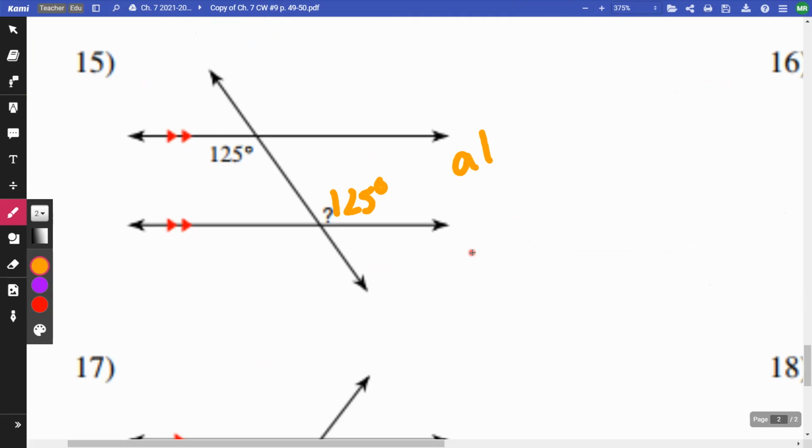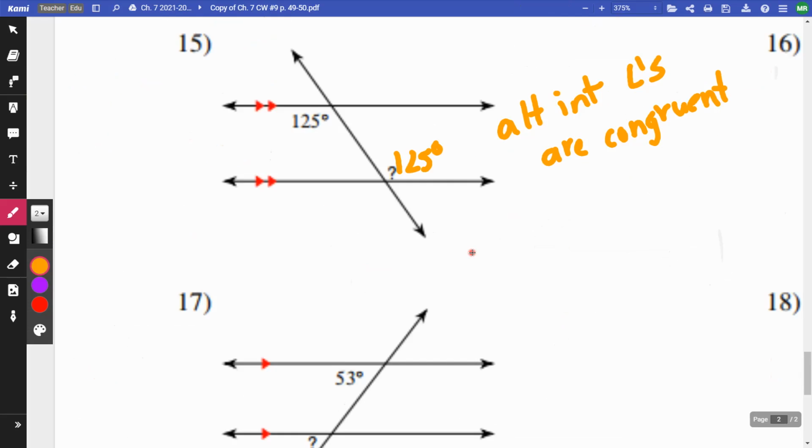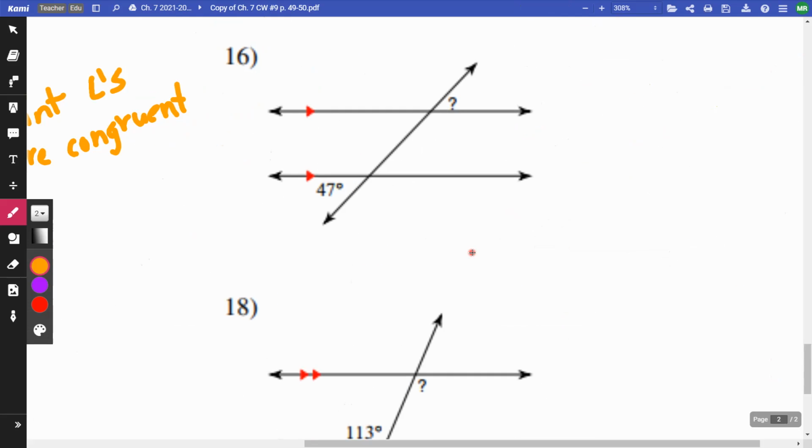Again, alternate interior angles are congruent. Number 16, 47 and 47. These are alternate exterior angles.